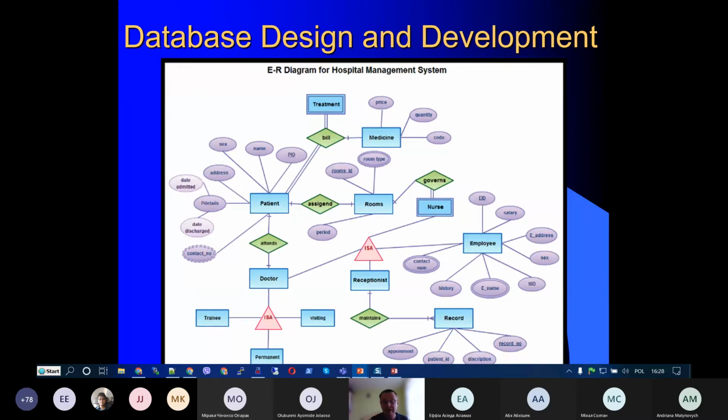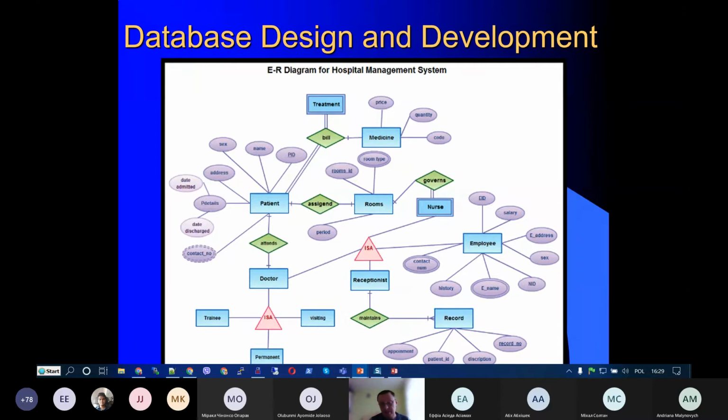It's not even all of it. It's a very small, simple part, which shows in blue rectangles its various objects, in violet ellipses its attributes or properties of these objects, and in triangles some operations that have to be done or managed by these objects.